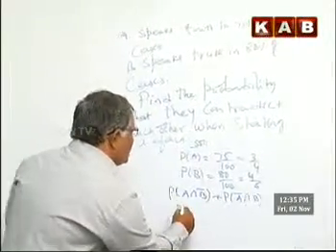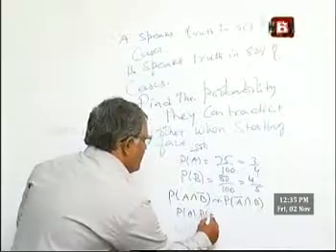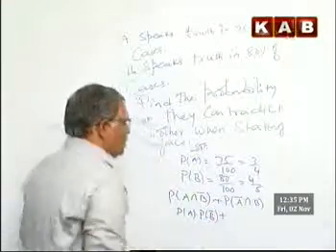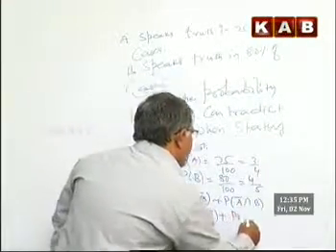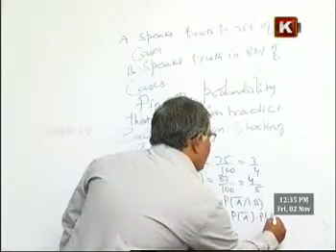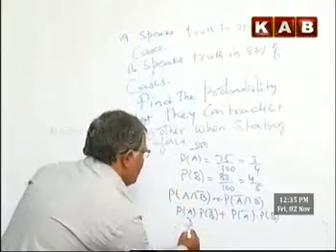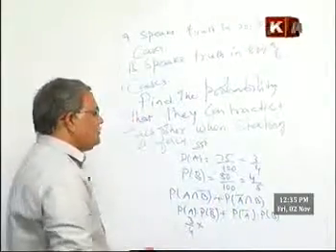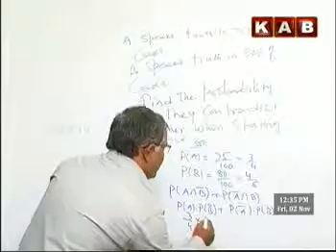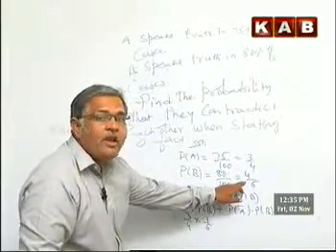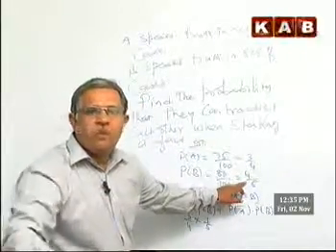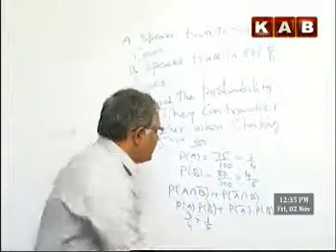So these are independent events. That's why probability of A into probability of B bar, plus probability of A bar into probability of B. Now what is the probability of A? 3 by 4 into probability of B bar is 1 by 5. Probability of B is 4 by 5, 1 minus 4 by 5 is 1 by 5.